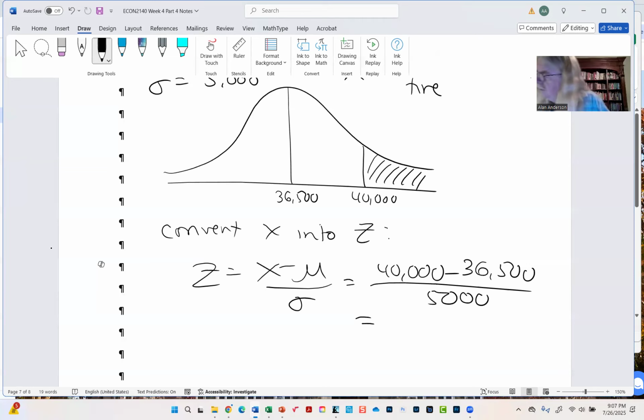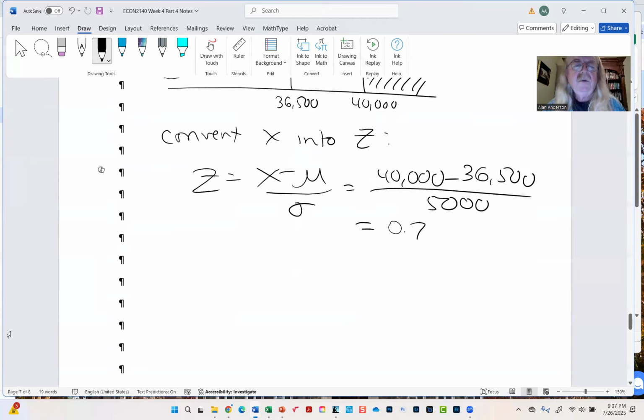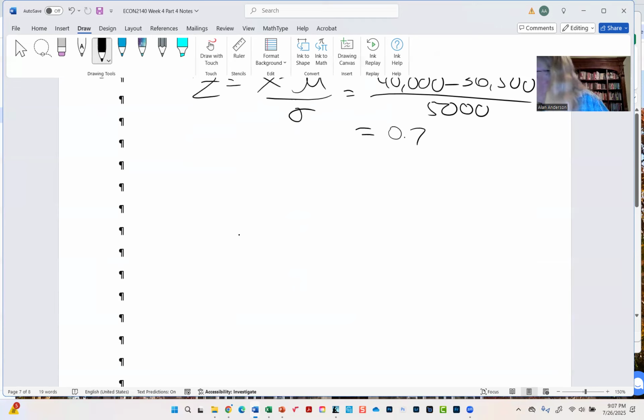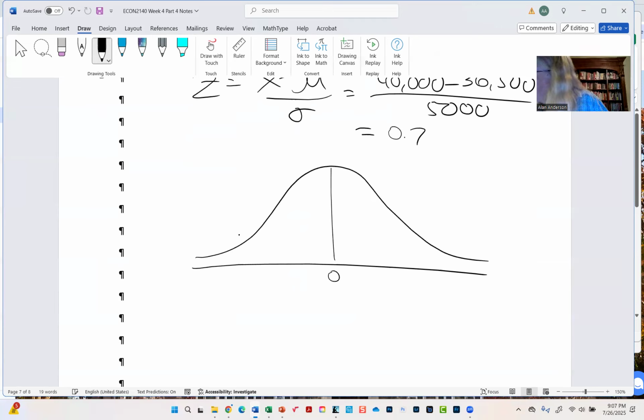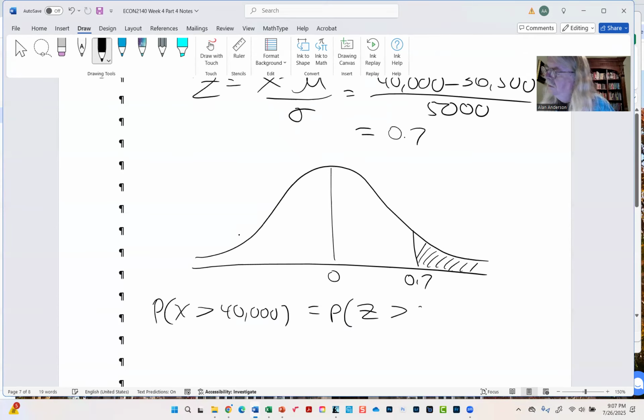Okay, it's 0.7. So basically, you can now draw this curve like this. So that's what that's all about.